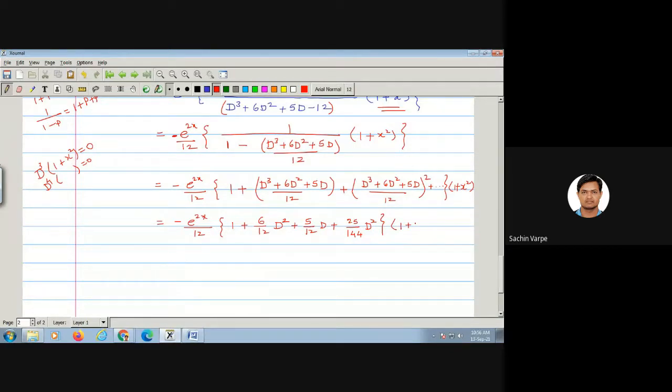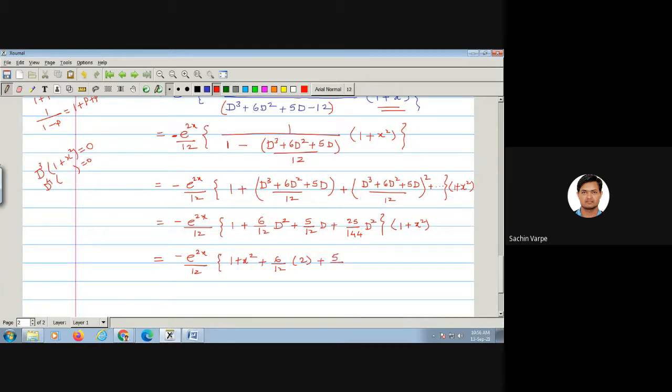You just check, okay? And now minus e to the power 2x upon 12, multiplied by 1 plus x square inside. So 1 plus x square plus 6 by 12 into d square of 1 plus x square. What is d square of 1 plus x square? It is 2, no?